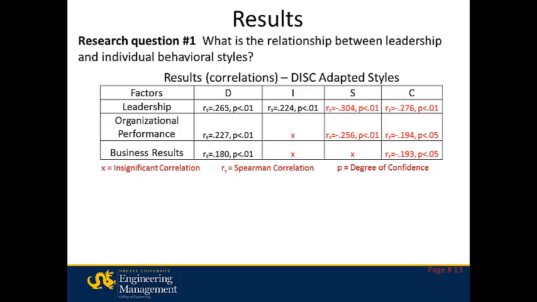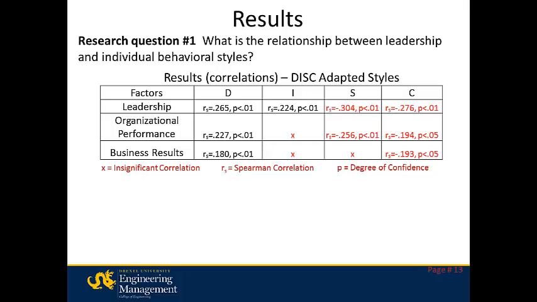One of the elements of results for the first research question that we looked at, there were many, that is the most applicable for this lecture, is what is the relationship between leadership and individual behavioral styles?